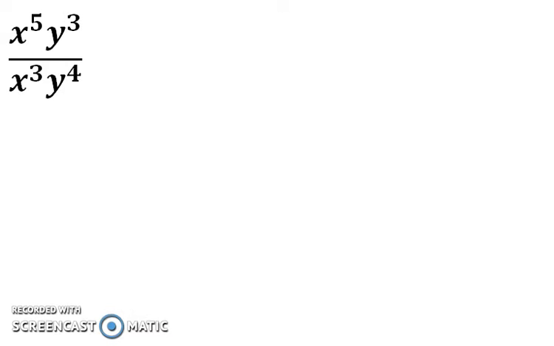Now, first and foremost, you need to recognize that x to the fifth equals x times x times x times x times x. Most of you probably know that somewhere in the back of your mind, but sometimes we forget that, and remembering that makes this problem a lot easier.